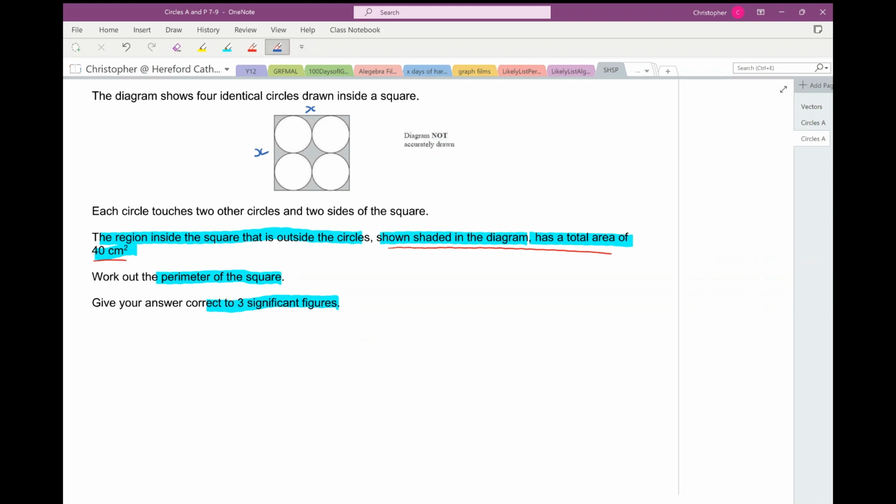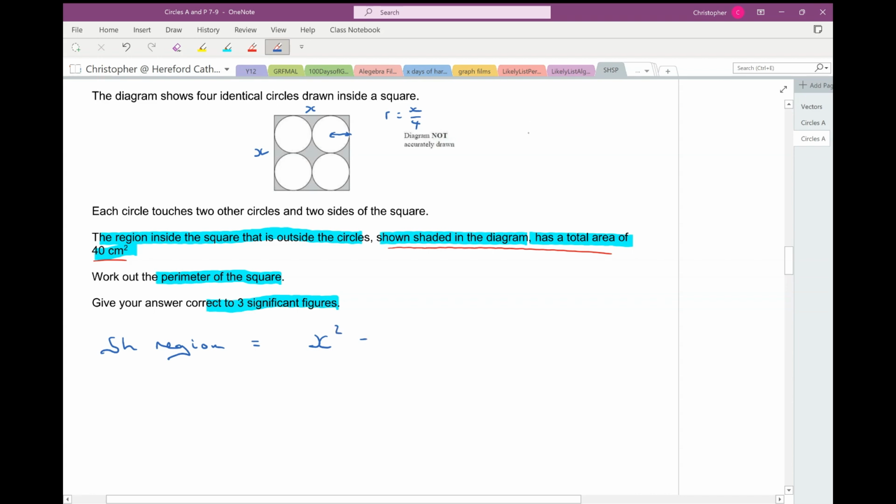Right, an expression for the shaded region. Well, let's have a think. If I assume that the square has side lengths of x, then the radius of one of those circles is going to be 1/4 of x. Okay, right. So the shaded region is going to be the area of the square, which is x times x, minus 4 circles.